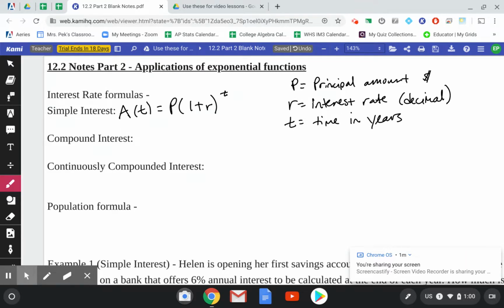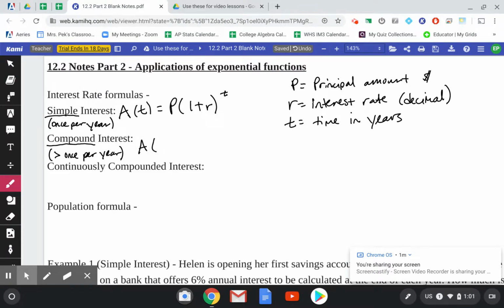Right, our compound interest. Compounding is when you calculate the interest more than once per year. So simple interest is once per year, and this is more than once per year, and it'll tell you how often it'll be compounded.